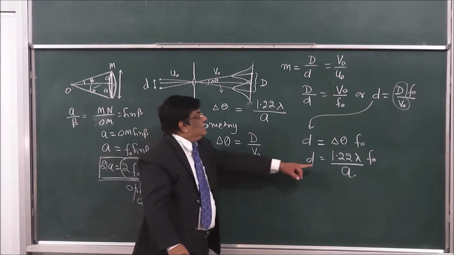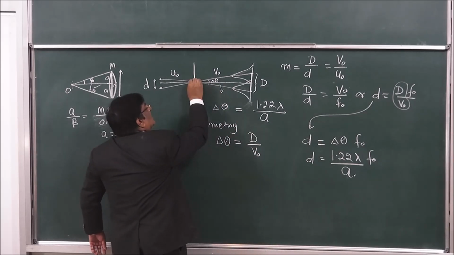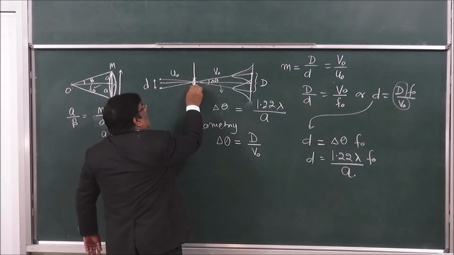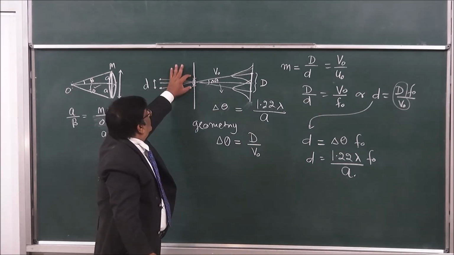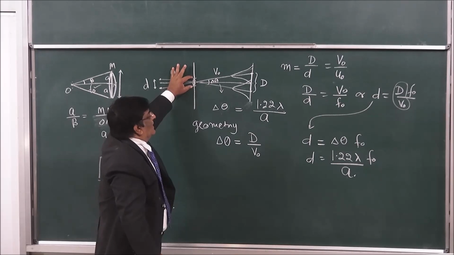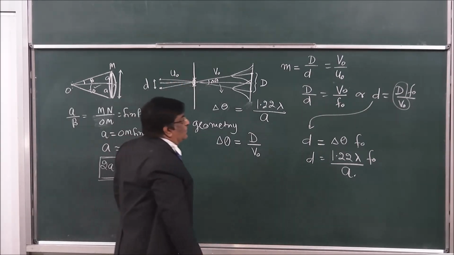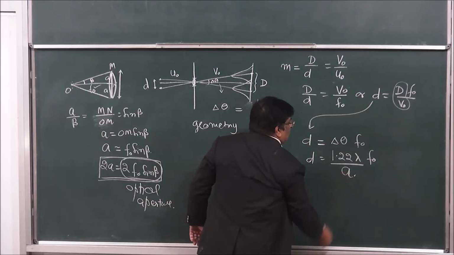What is this A? This A, I should have taken it 2A. I cannot, but you can see this and understand what the aperture is, and the value of the aperture is 2 f naught sine beta. So I can write this as 2 f naught sine beta.